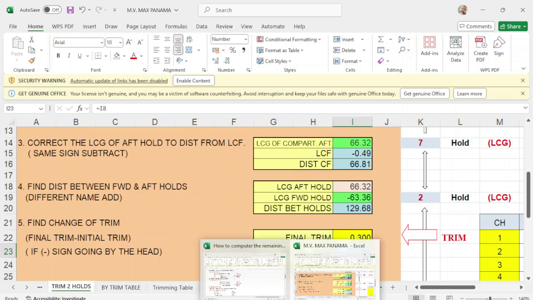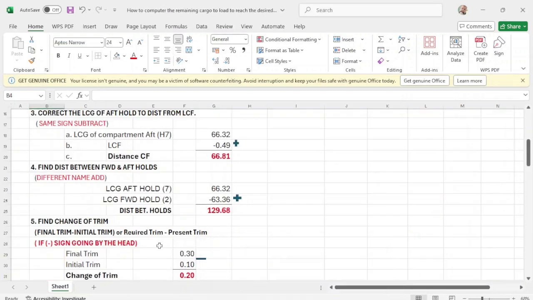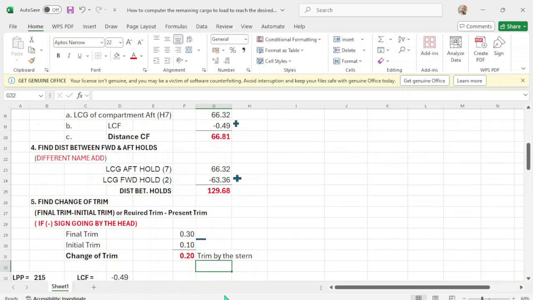And we have number 5 here in my Excel sheet. So your final trim is 30 centimeters minus your initial trim of 10 centimeters. Your change of trim will be 20 centimeters, trimmed by the stern. I hope that's clear.